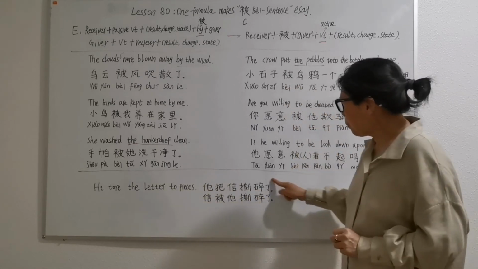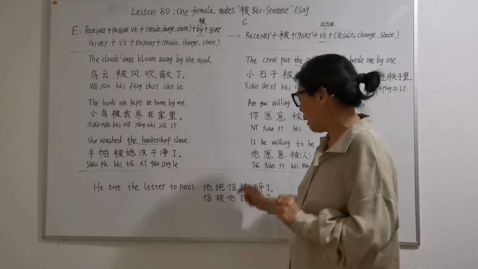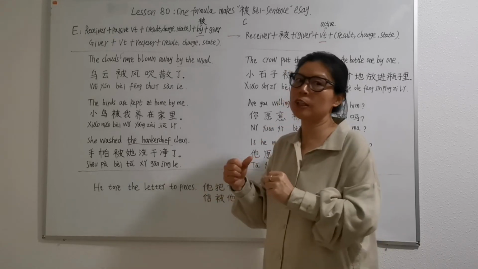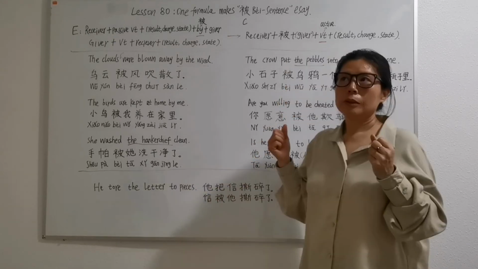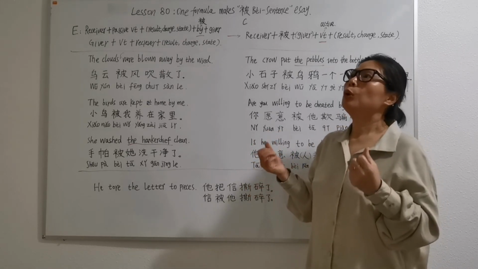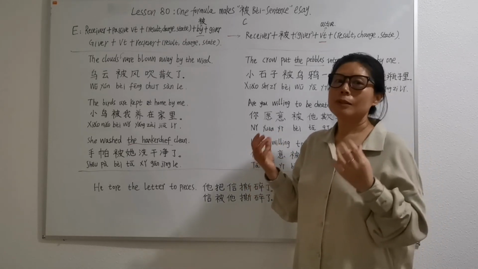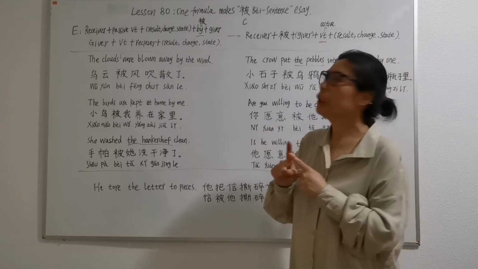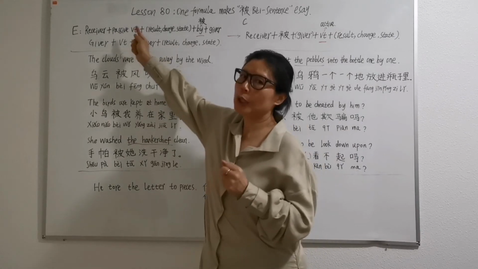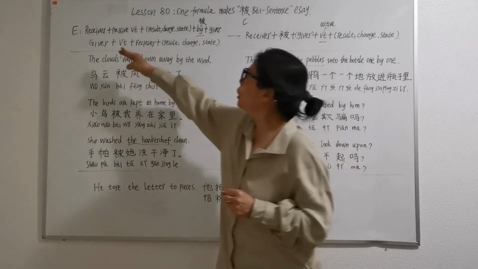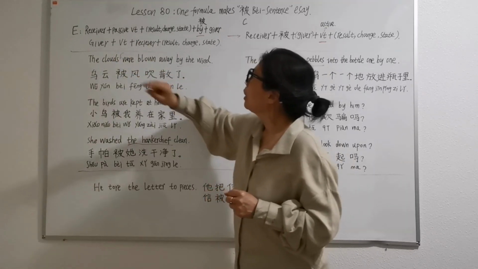So we can see 把-sentence and 被-sentence can change to each other very easily. Then I'd like to remind you to memorize some conditions and rules. First, verb, still transitive verb. Second, receiver, giver.